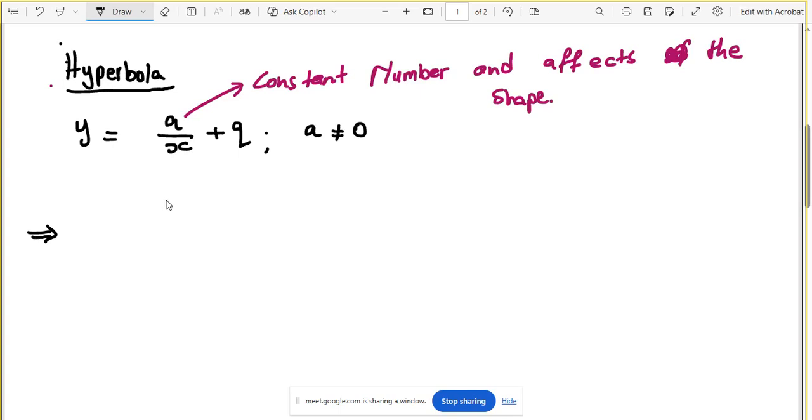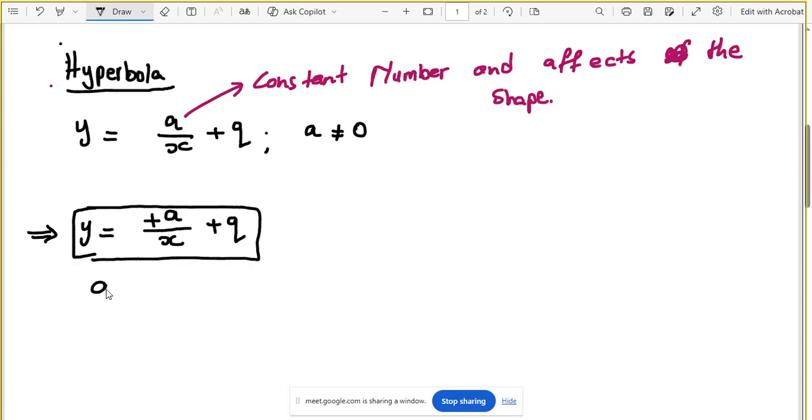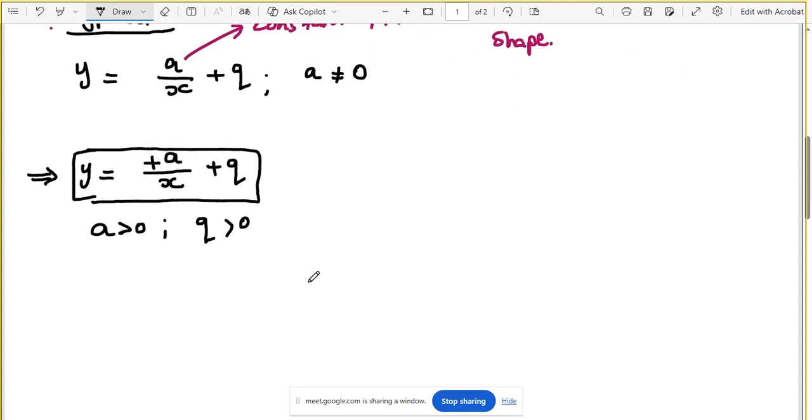So if you are given y, let's say a is positive and the value of q is also positive, so you have a greater than 0 and q greater than 0, how will the graph look?